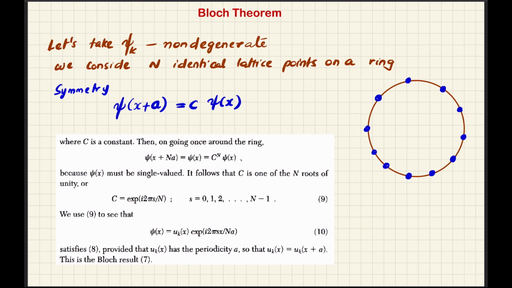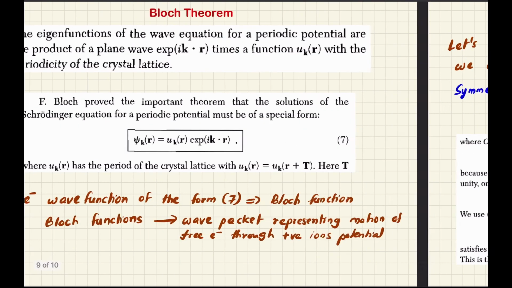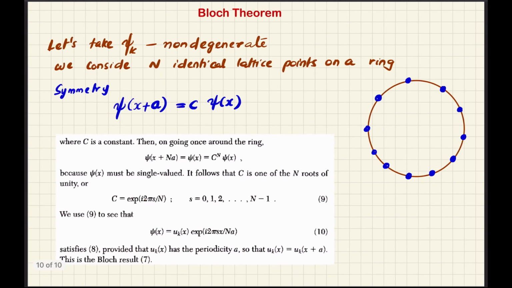This solution satisfies the periodic boundary condition, psi of x plus a equal to psi of x, provided u_k of x has the periodicity of a, that is, u_k of x equal to u_k of x plus a. If this is true, then it satisfies the periodic boundary condition. So, this gives you the proof of the Bloch theorem.